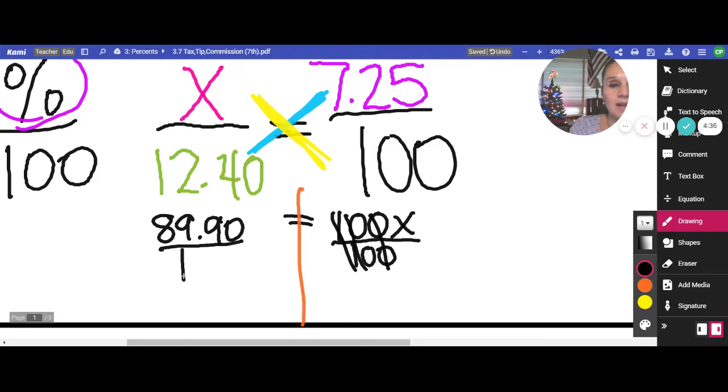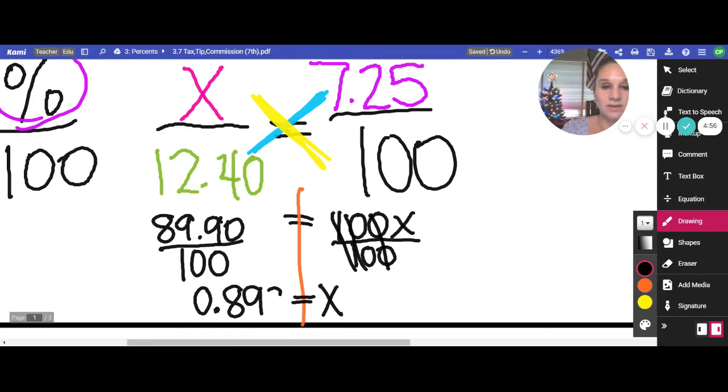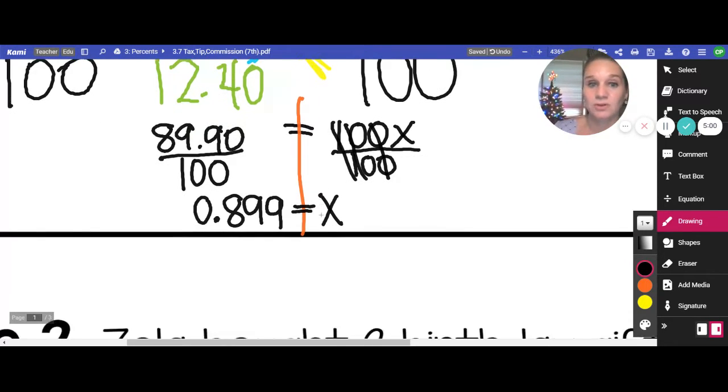And if I do that on one side, I have to do that on the other side, which ends up giving me 89.90, which I'm actually going to round up, because this is going to be in the form of money. I just want 2 decimal places, so it's going to round up to 90 cents.